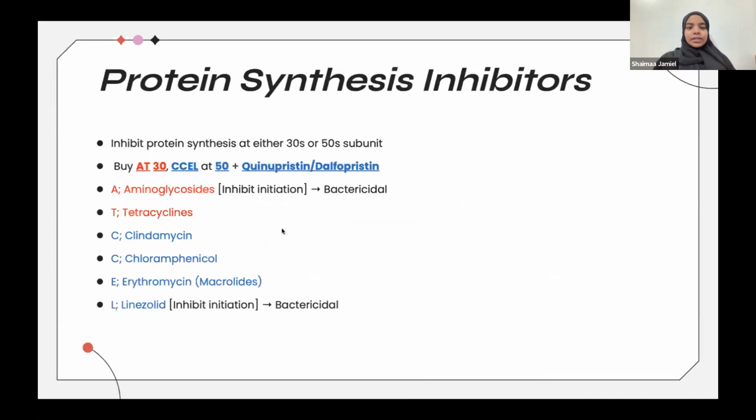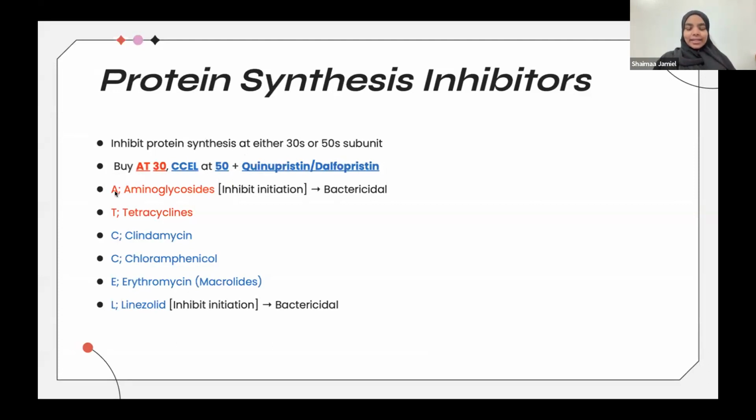right now. So basically, protein synthesis inhibitors inhibit protein synthesis by binding to the ribosomes at either the 30S subunit or the 50S subunit, okay? And how should we know which drug binds where? There's this nice mnemonic: buy at 30 and sell at 50. And then we have this extra drug that's not part of First Aid or any other place.